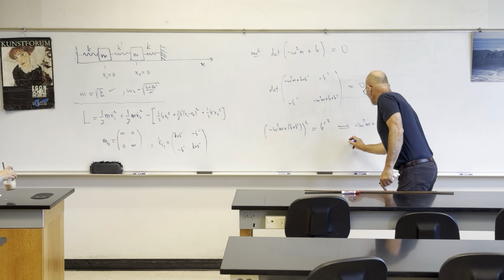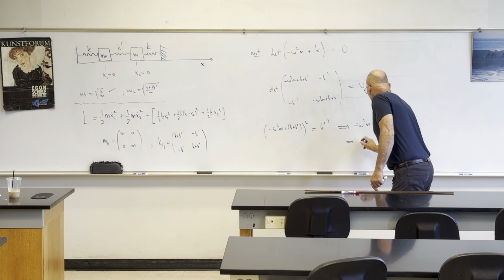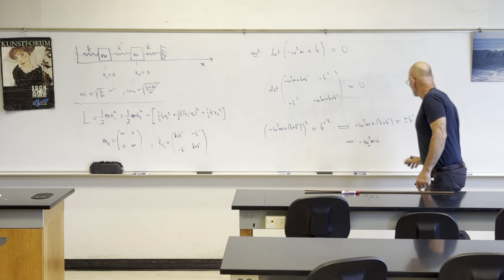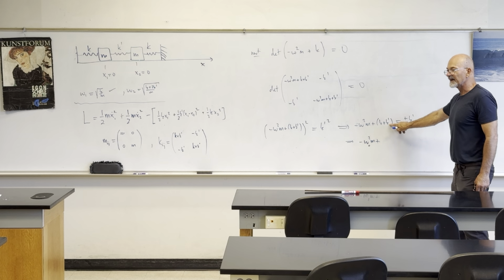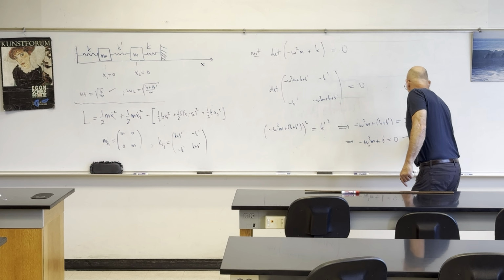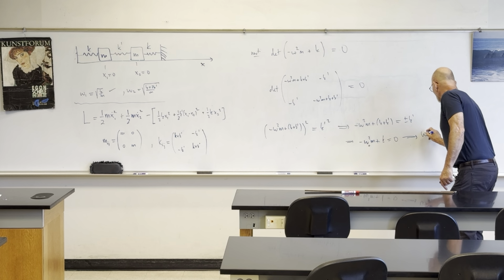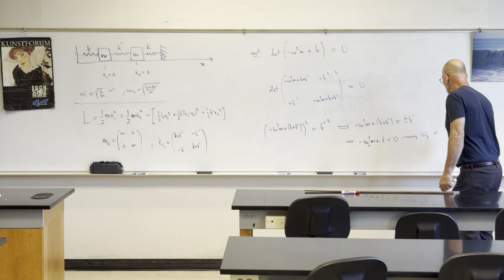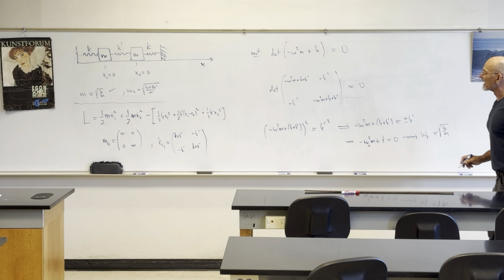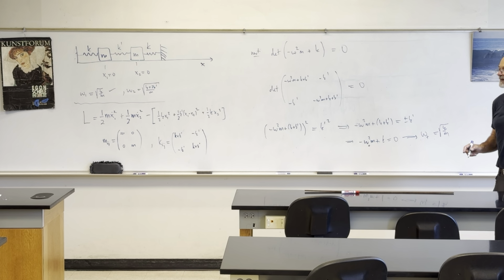And now you can see we've got negative omega squared m plus, if I take the plus sign, I've got k prime on both sides, I cancel that away. k equals 0, and so my omega plus is just equal to root k over m. As advertised over on the board there.